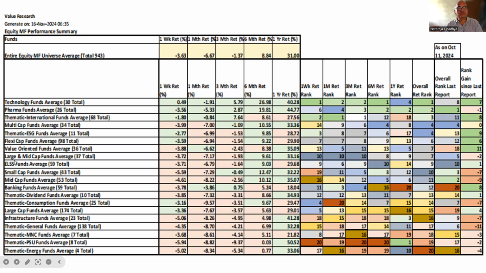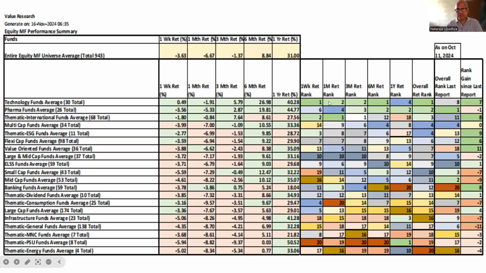So what you see here in the left bottom are the 20 mutual fund subtypes, and in each subtype how many funds are there also is marked there, and these funds are arranged in the descending order of overall ranking. How the overall ranking is assigned, let me tell you. Each fund has its return by each timeline.